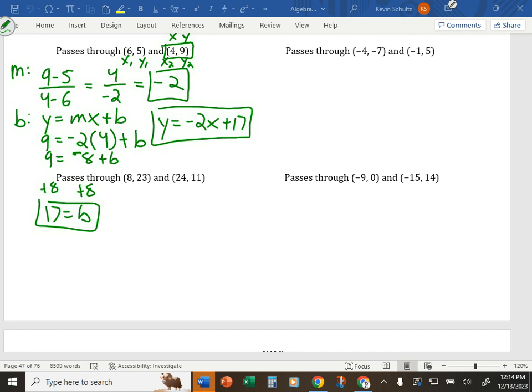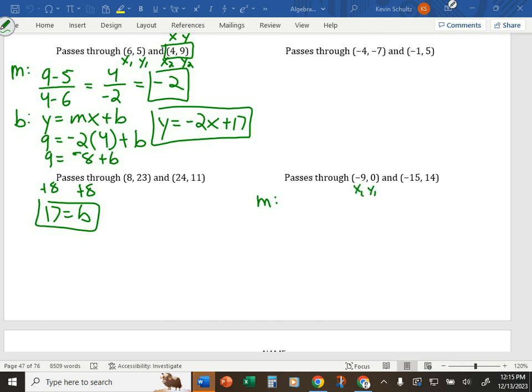All right. Let's do the bottom right one. Passes through negative 9, 0, and negative 15, 14. Finding the slope. Finding m. What do we use? The slope thing. The formula, yeah, right?